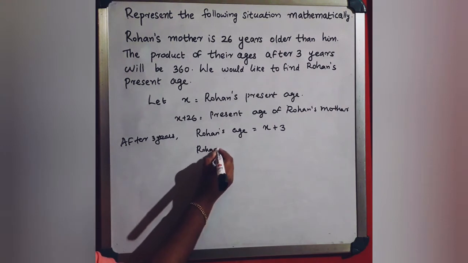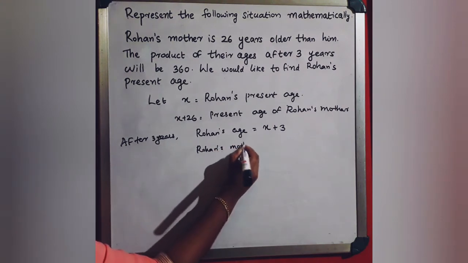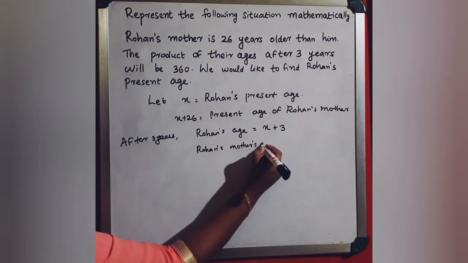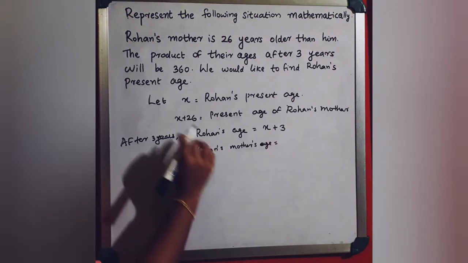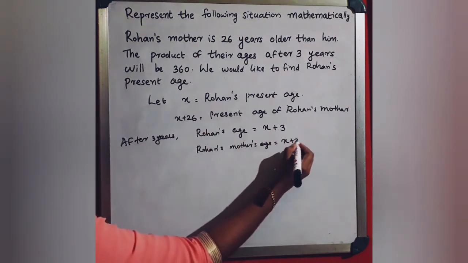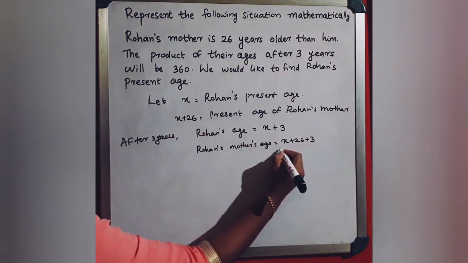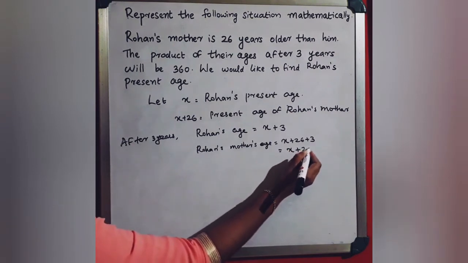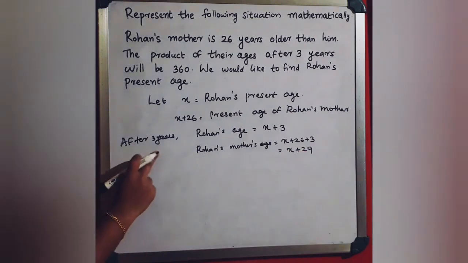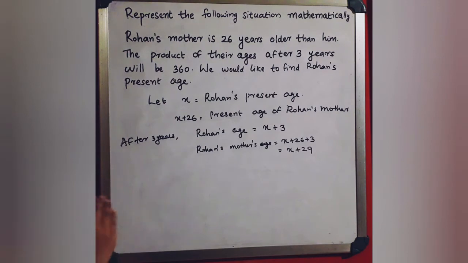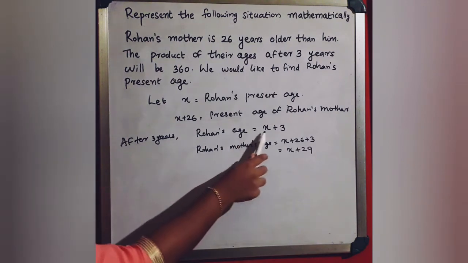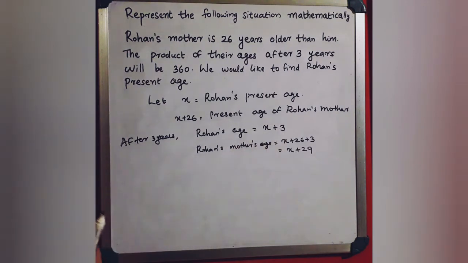Rohan's mother's age is x plus 26 plus 3, that is x plus 29. So after 3 years the age of Rohan increases by 3, that means x plus 3. Similarly the age of mother also increases by 3 after 3 years. So it is x plus 29.